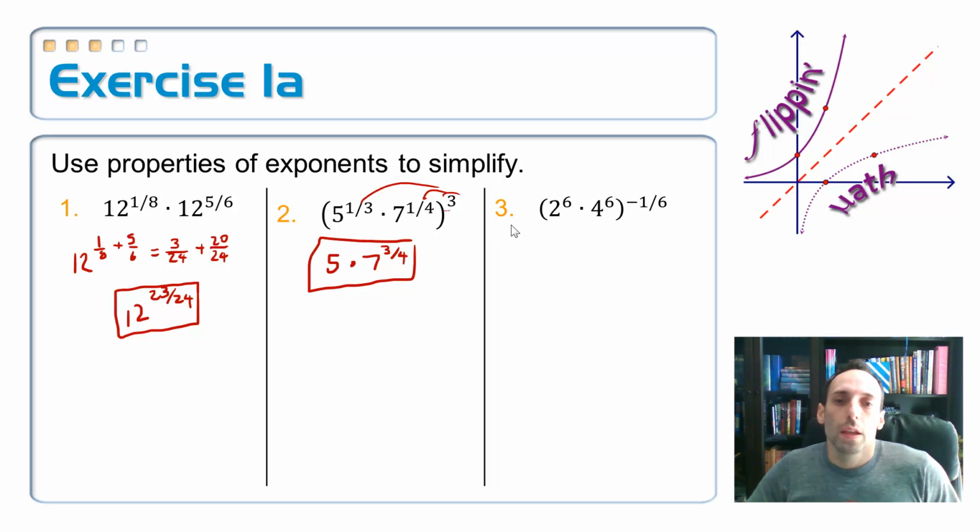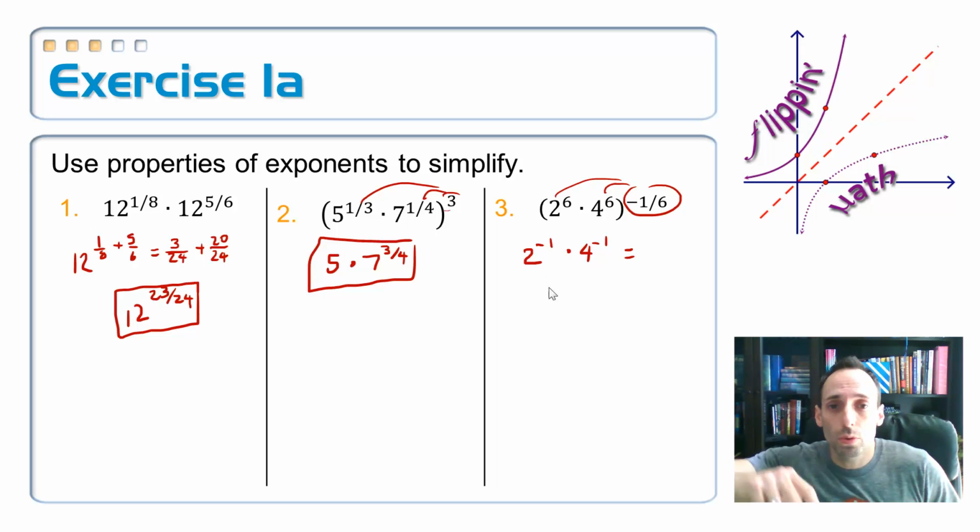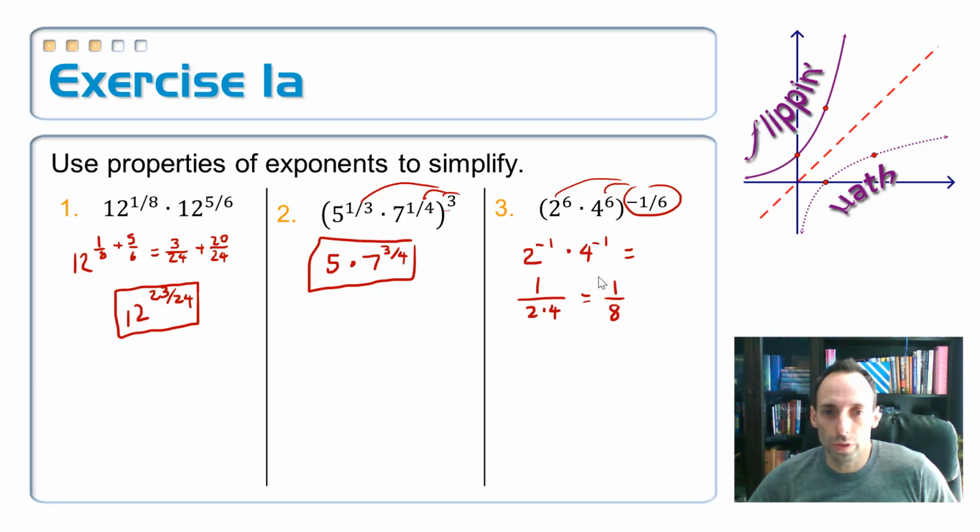Okay, number 3, again, give this exponent to both of the things on the inside there. So this is 2 to the 6 times negative 1/6 is negative 1. And then 4 to the negative 1 power. The negative powers mean reciprocal, so those need to go on the bottom. So this is 1 over 2 times 4, which is 1 over 8.